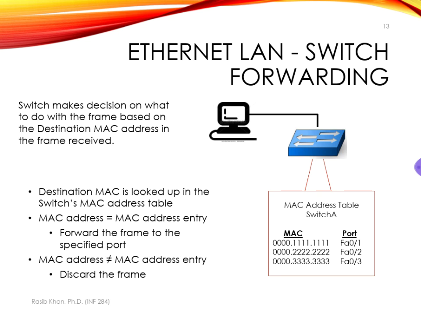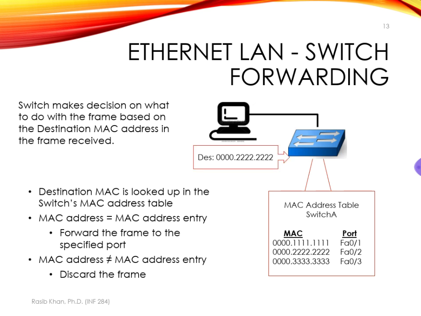This is done with the help of determining the destination MAC address and the outgoing port. For this, there's something we call the MAC address table, and this is applicable for all switches placed in an Ethernet LAN.